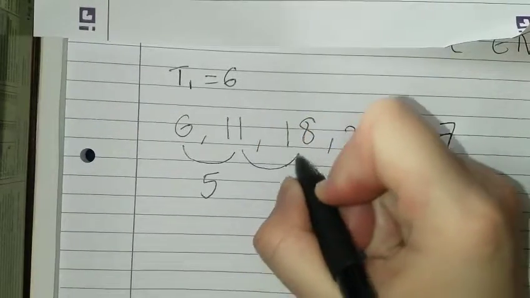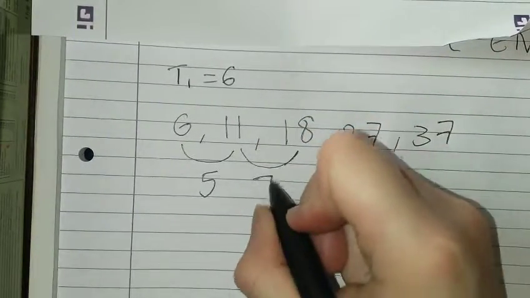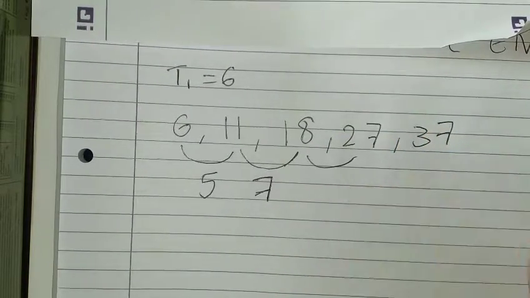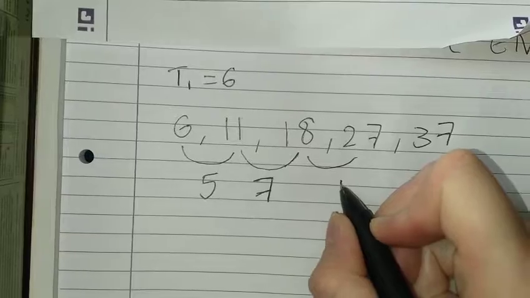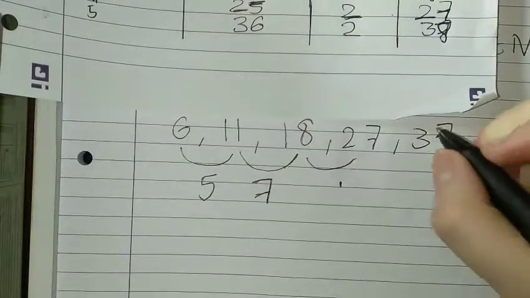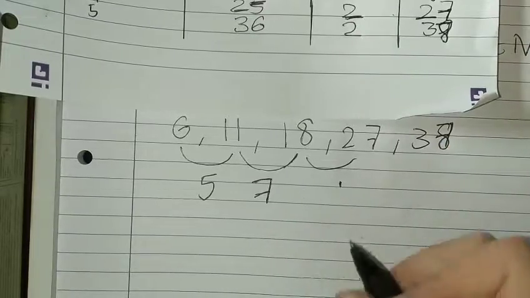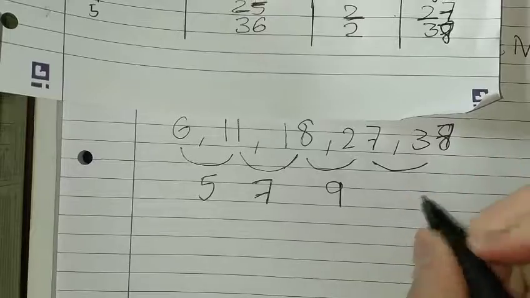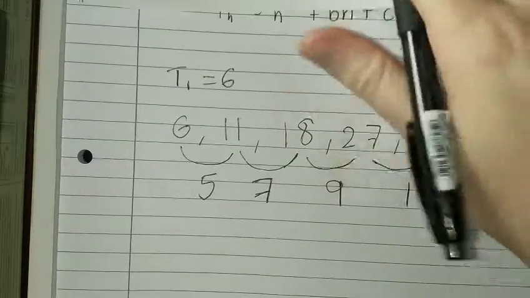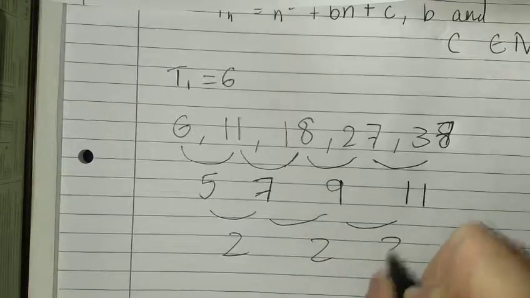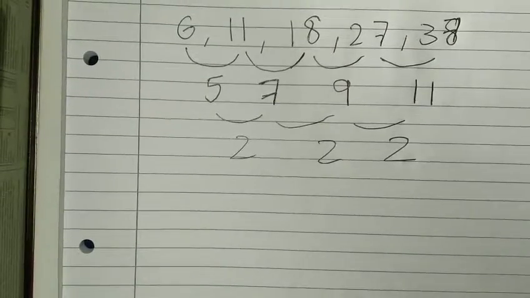From 11 to 18 is 7. From 18 to 27 is a jump of 9. Sorry, that last one should be 38, because 36 plus 2 is 38, so this is a jump of 11. So 2, 2, 2: we have a constant second difference of 2.